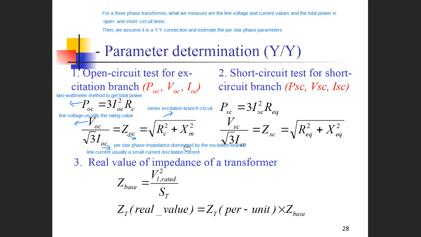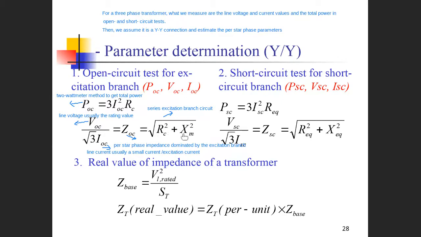So what we ignored here, we talked about several times in the single phase transformer. This is the series excitation branch equivalent circuit, so you can change it into a parallel equivalent circuit.